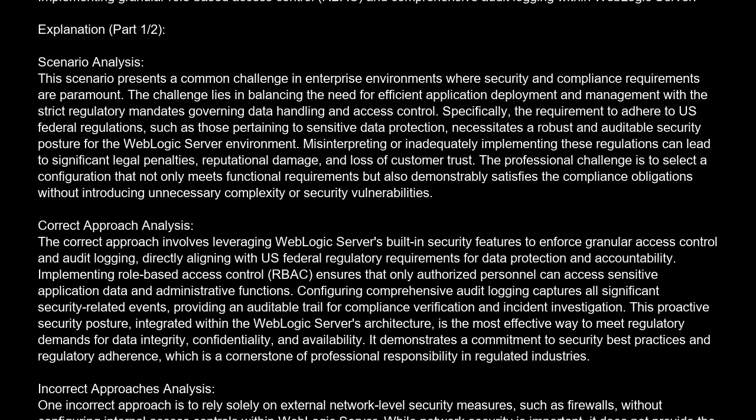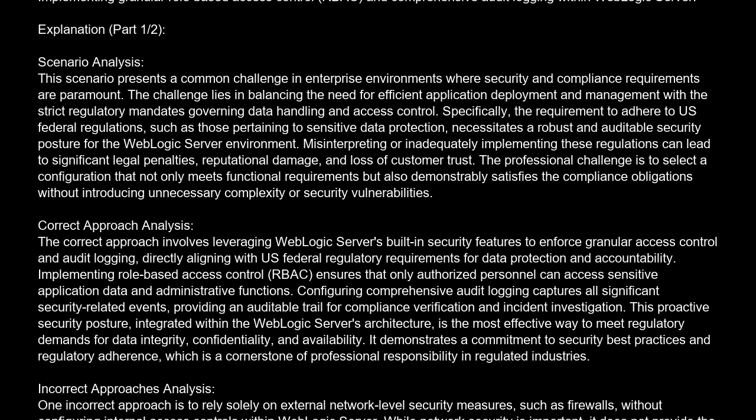Configuring comprehensive audit logging captures all significant security-related events, providing an auditable trail for compliance verification and incident investigation. This proactive security posture, integrated within the WebLogic Server's architecture, is the most effective way to meet regulatory demands for data integrity, confidentiality, and availability. It demonstrates a commitment to security best practices and regulatory adherence, which is a cornerstone of professional responsibility in regulated industries.